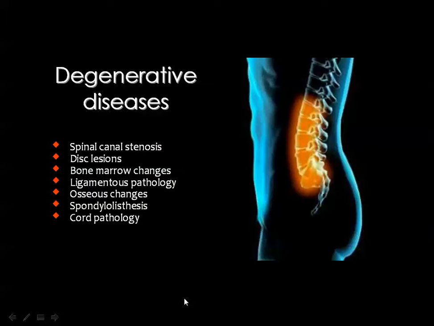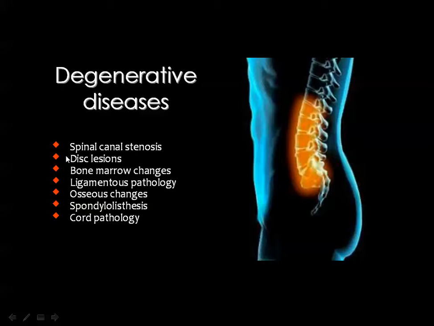Then degenerative diseases of the spine are listed under these headings: the spinal canal stenosis, disc lesions, bone marrow pathology, ligamentous pathology, osseous changes, spondylolysis or spinal instability, and finally the changes in the spinal cord. And actually, under each of these topics, there are three subdivisions.